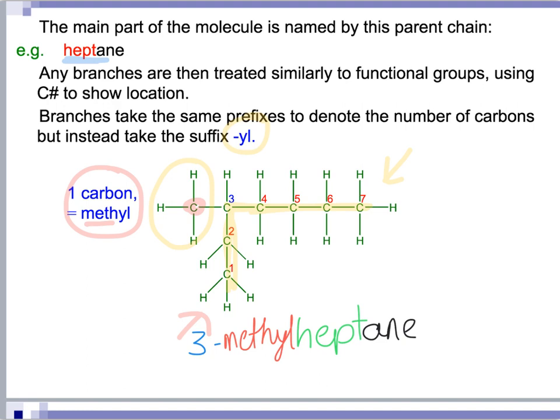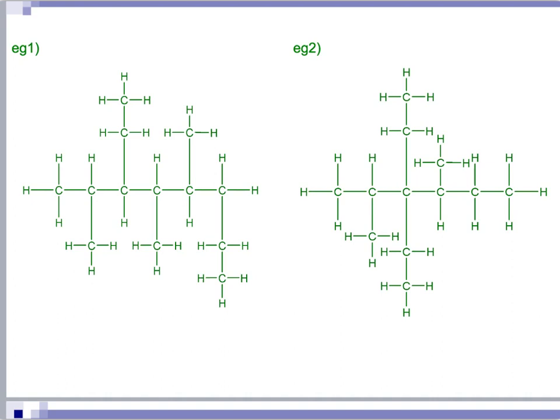Okay, so that all sounds pretty easy, and now I'm going to scare you with the next picture. That is a scary looking picture. Okay, so we've got 2 examples here, example 1 and example 2, and we want to look at how to name these.